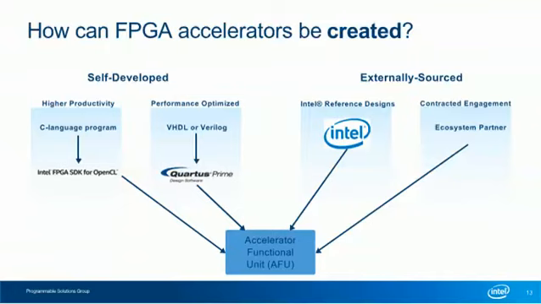If you're already a seasoned FPGA developer, then you can use a traditional RTL-based approach to develop and optimize your FPGA IP in the Quartus Prime design software environment using RTL-based languages such as VHDL or Verilog. All you need to do is make sure your AFU IP conforms to the CCIP interface standards that we've talked about.